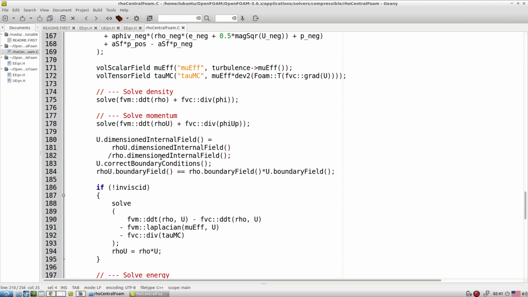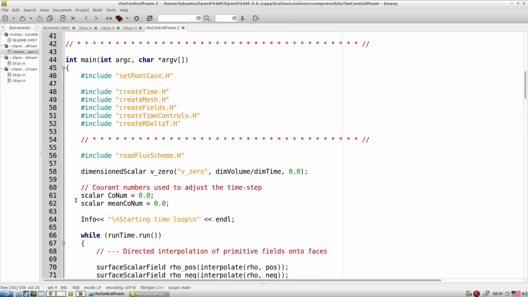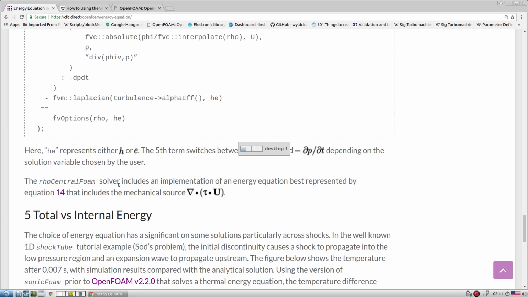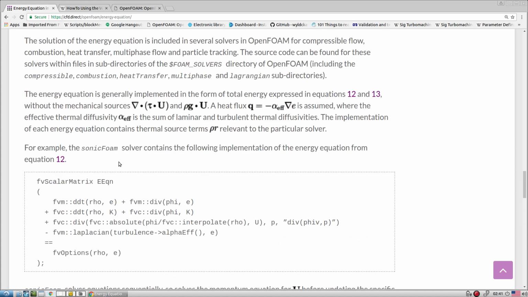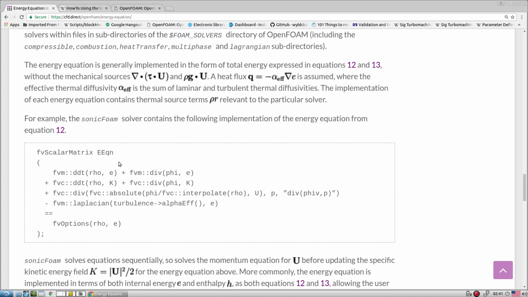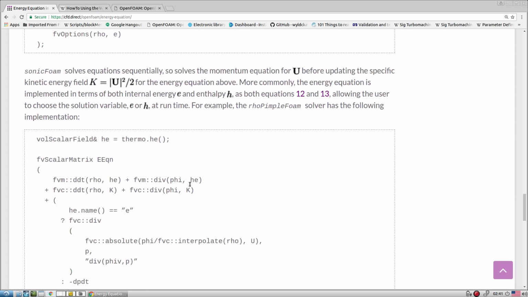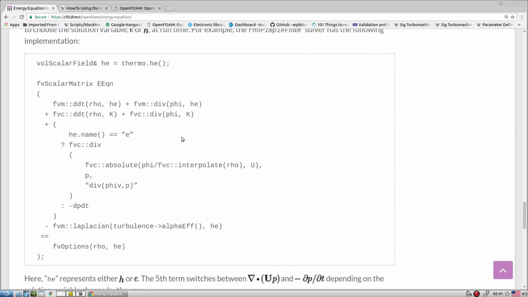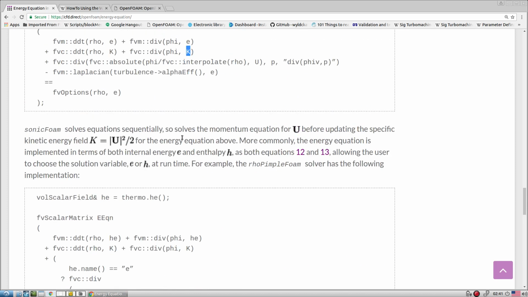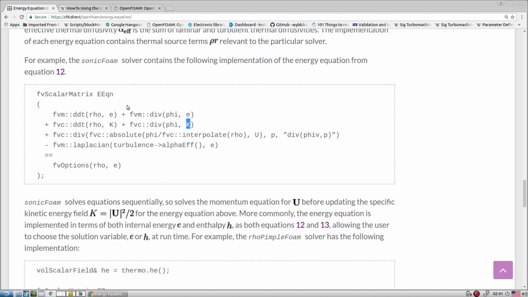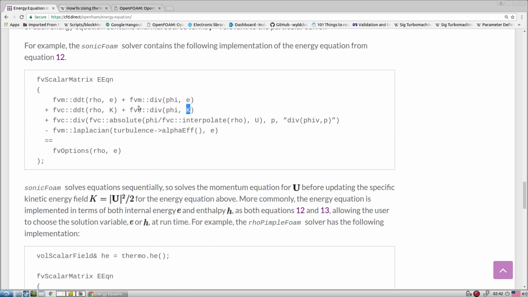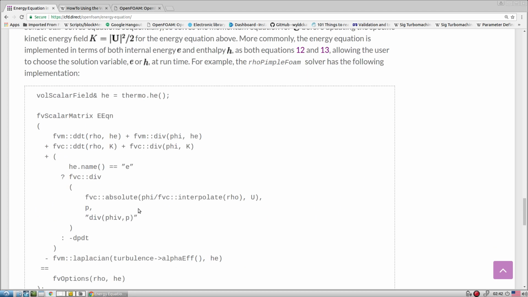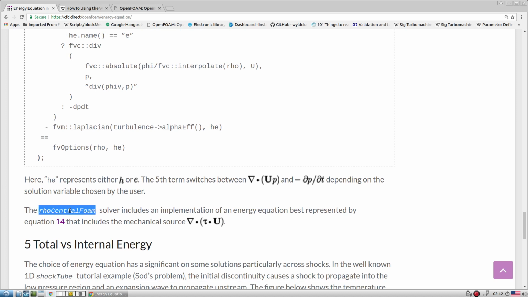So that is how we have a different class of equations for a similar type of treatment. Either you work with internal energy and K segregated, or you combine both and work in terms of the H equation, combining the pressure term and the internal energy, or you can go with the total energy base like rhoCentralFoam.